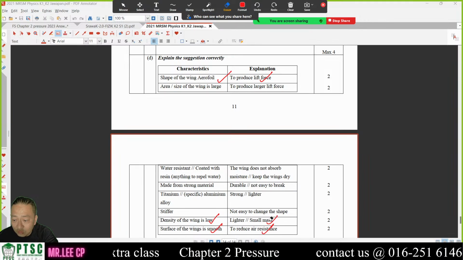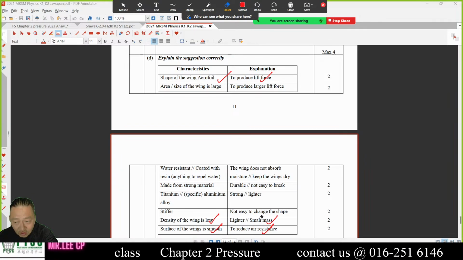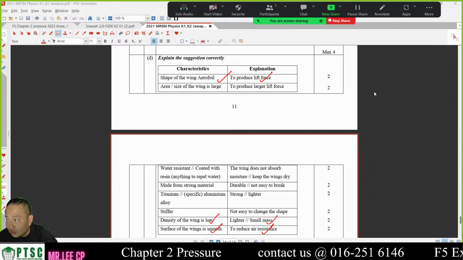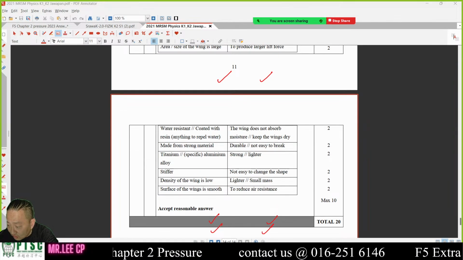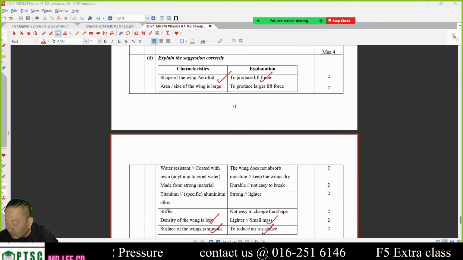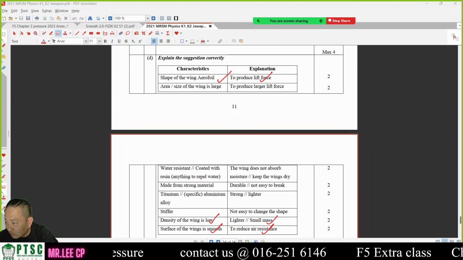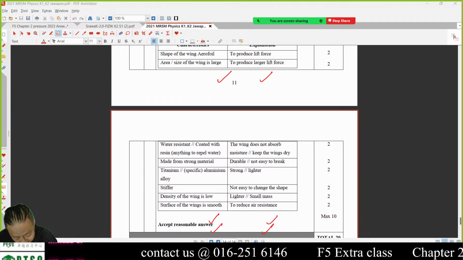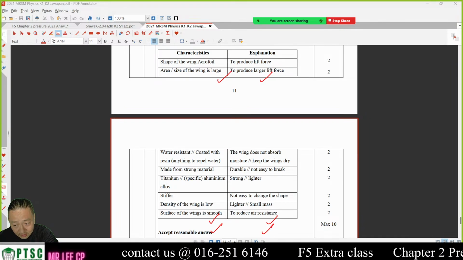I get 6 marks only, out of a total of 16. Only 3 points are correct.